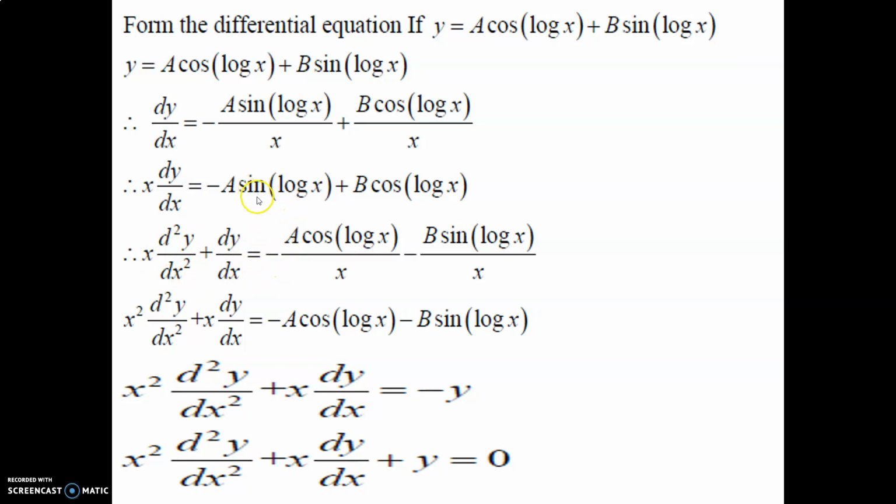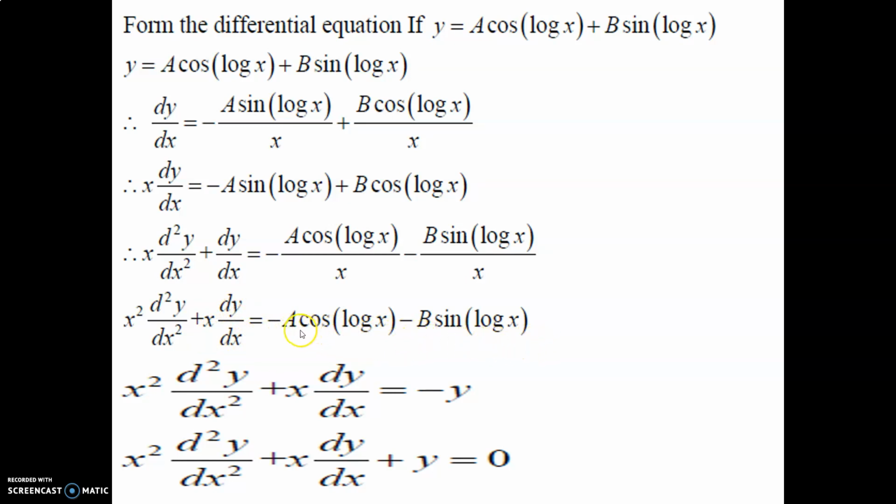What is the derivative of sin log x again? Yes, it is cos log x upon x. What is the derivative of cos log x? Yes, it is exactly minus b sin log x upon x. Now minus sign we have to take common. x goes to this side. x square d square y upon dx square plus x dy by dx equal to minus a cos log x minus b sin log x.